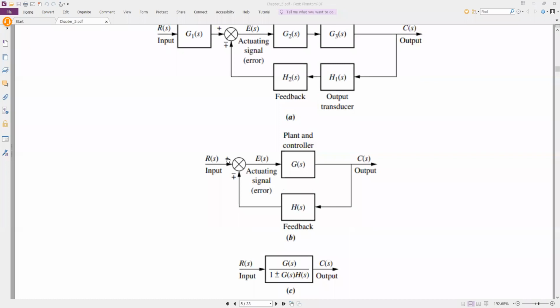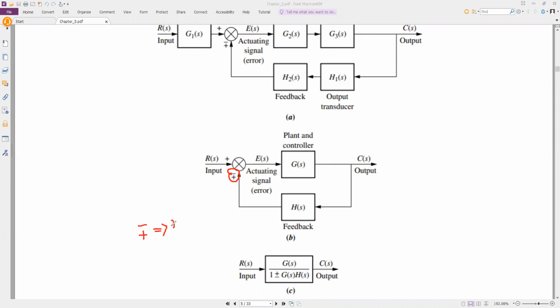So the question will arise, how would you distinguish, how would you define minus or plus? The thing is, you have to look here. Say it is minus plus, the symbols will be opposite.